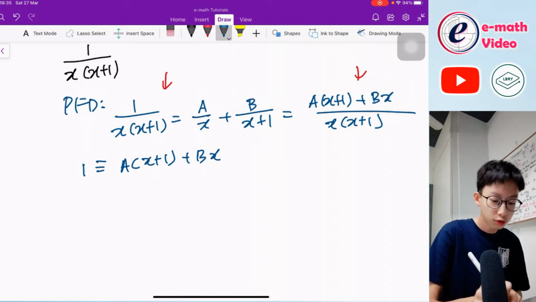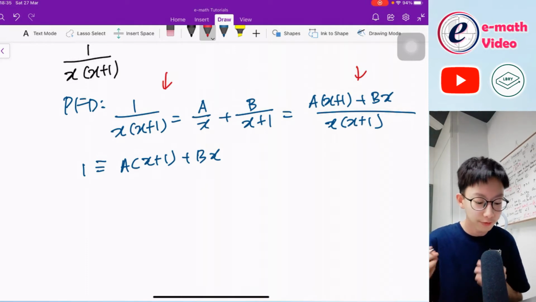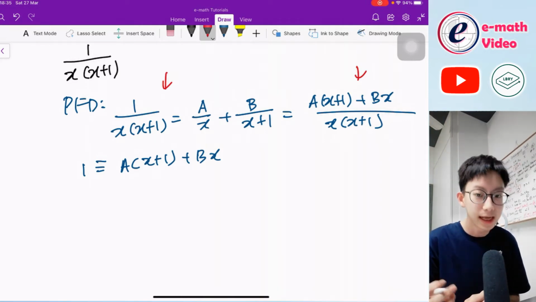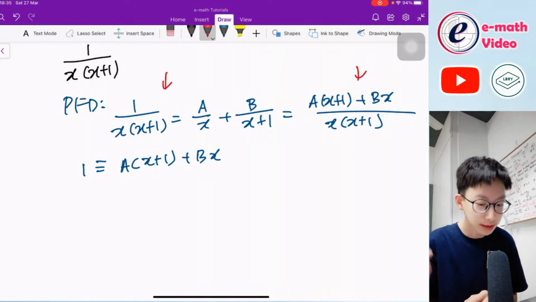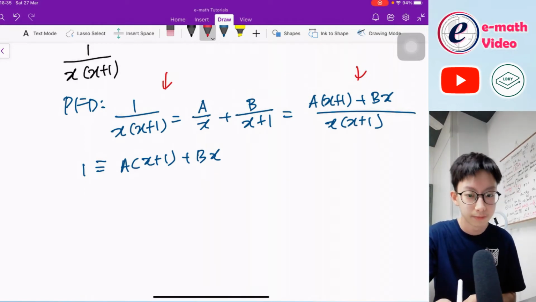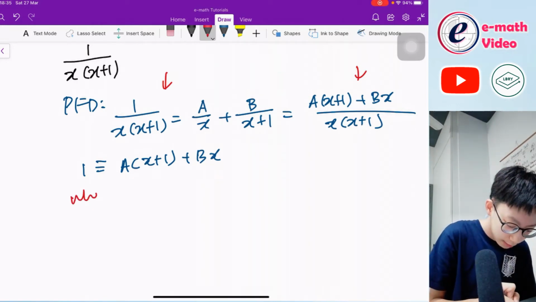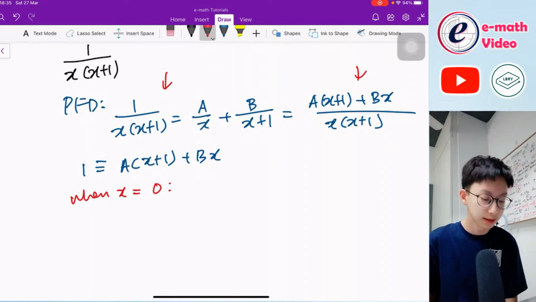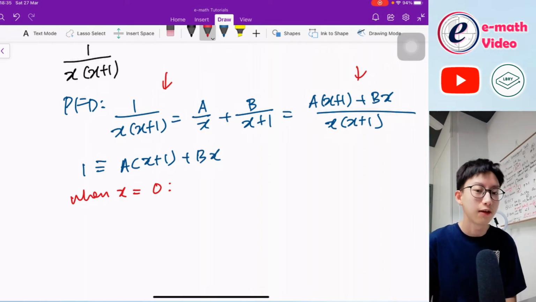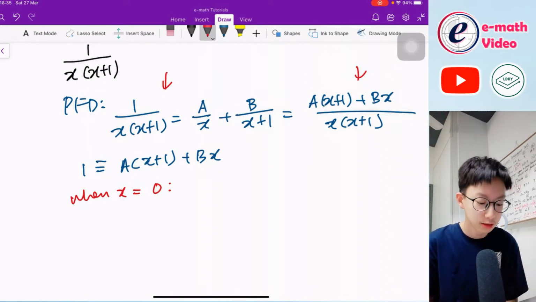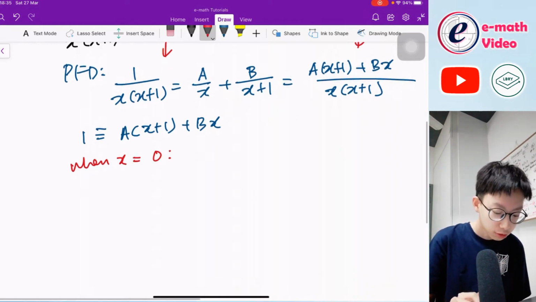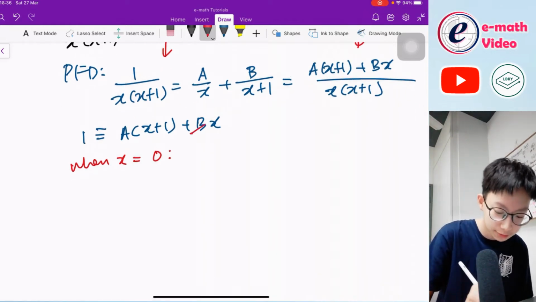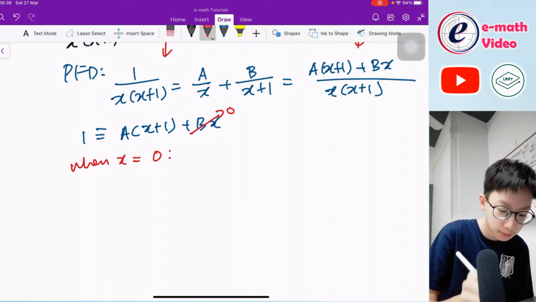So we can substitute any value of x into the identity and it will result in a true equation. I don't know which method you prefer, but in this case I will just do the cover-up method. Of course, you can solve it algebraically by comparing the coefficients of x. When x equals 0, obviously this will be 0, and this will be 0 plus 1.